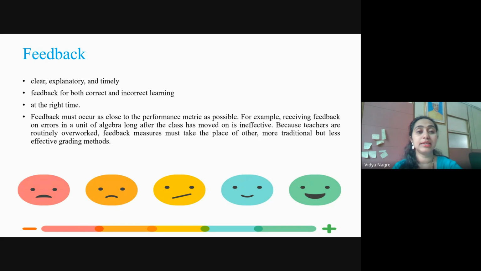Feedback for both correct and incorrect learning is very essential here. Right time feedback is very much counted. If you give feedback later on, then that does not matter. That does not help them much. So, as a teacher, it is a responsibility of a positive classroom psychology that you give timely and very detailed feedback to each and every individual. Please do not overlook this.